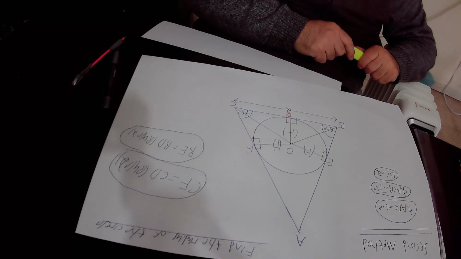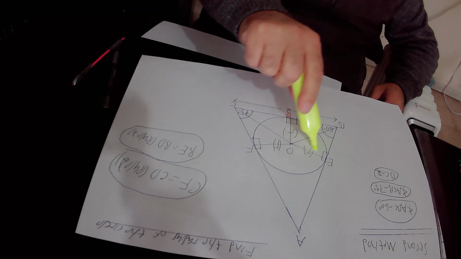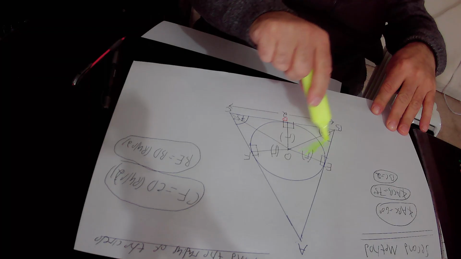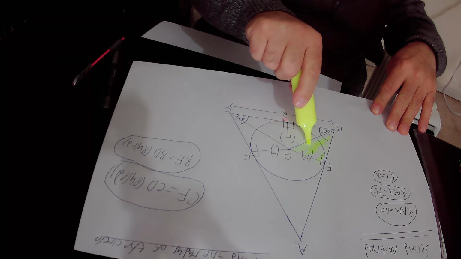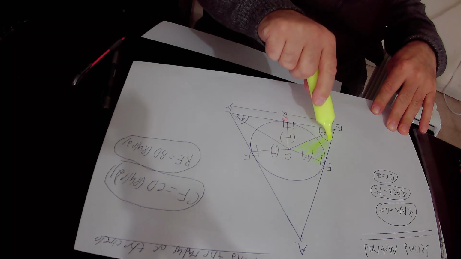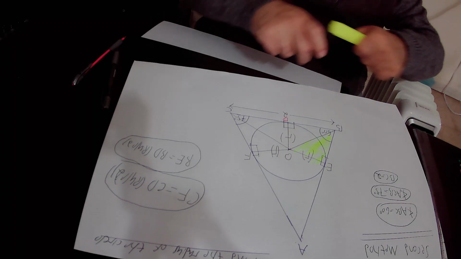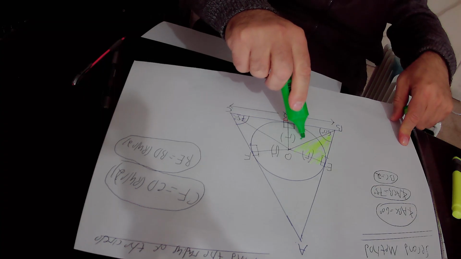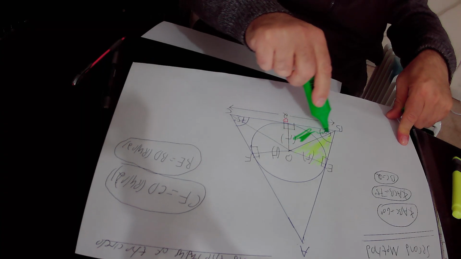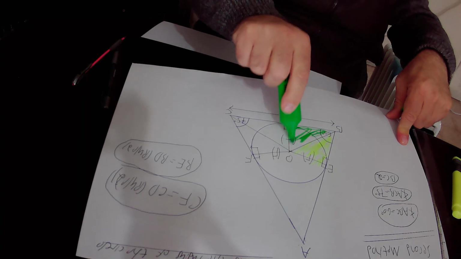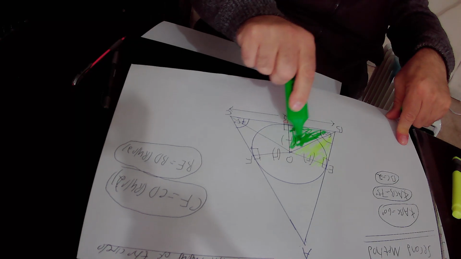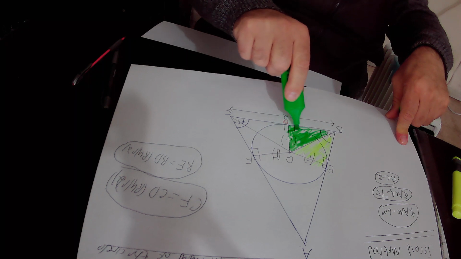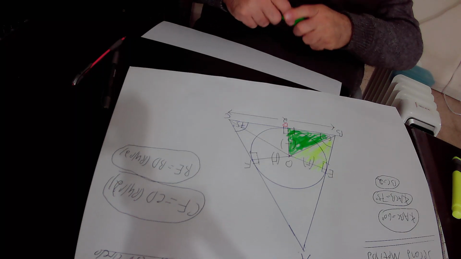In the next step, we prove that the yellow right triangle EBO is congruent to the green right triangle OBD. So I write it down.